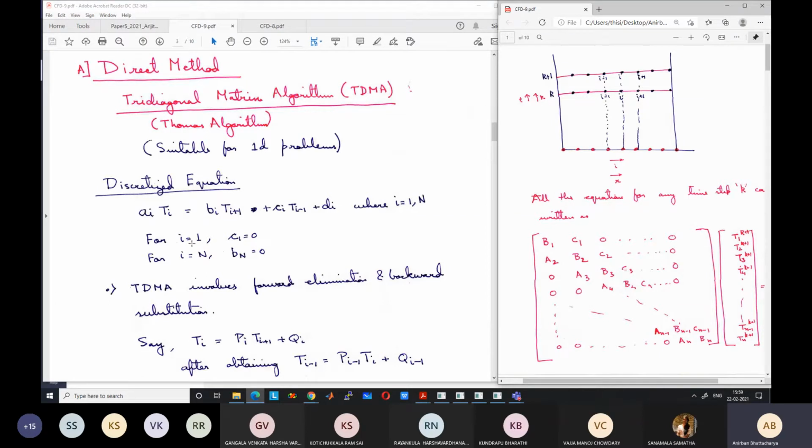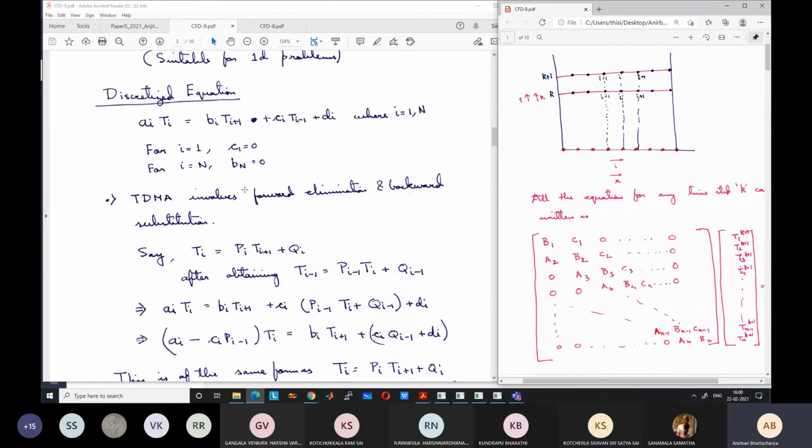For i equal to 1, what is the value of c_1? c_1 has to be 0 because there is no T_{i-1}. These a, b, and c are not the earlier A, B, and C; I have used small letters here, so don't confuse them. Similarly, for i equal to n, because there is no T_{n+1}, b_n also has to be 0. Otherwise, all the other equations have all three coefficients a_i, b_i, and c_i, and d_i is also present.